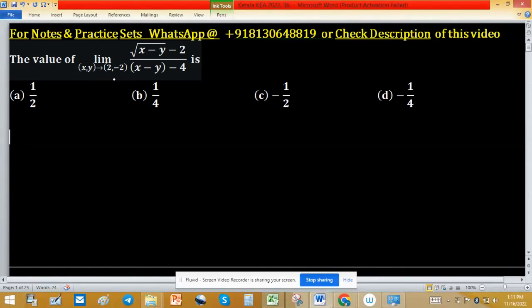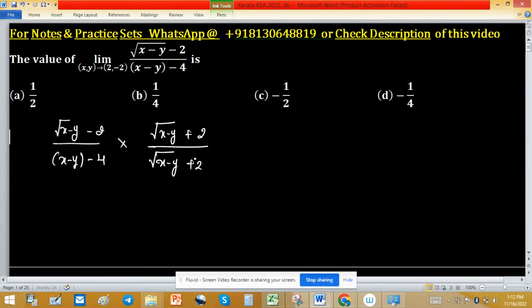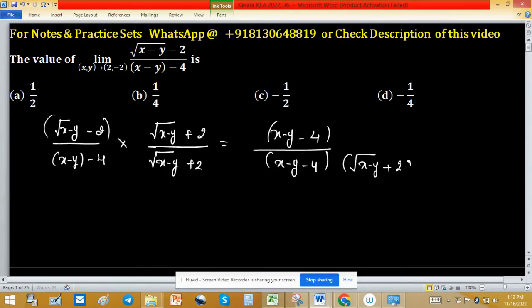The value of this limit is square root of x minus y minus 2 upon x minus y minus 4. Whenever you are getting a square root, always try to rationalize the given function. So multiply by square root of x minus y plus 2 upon square root of x minus y plus 2. In the numerator we have x minus y minus 4, upon x minus y minus 4 into square root of x minus y plus 2.